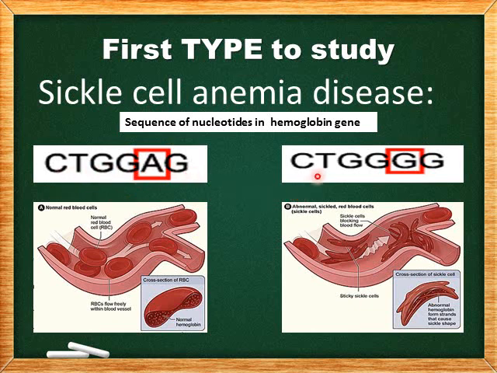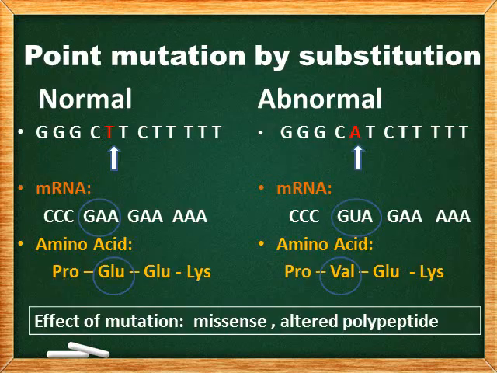If I compare it to the sequence which is responsible for the production of the abnormal one, we will find it's exactly the same except at the nucleotide where A is replaced by a G. So, in this case, again, let's go for comparison.